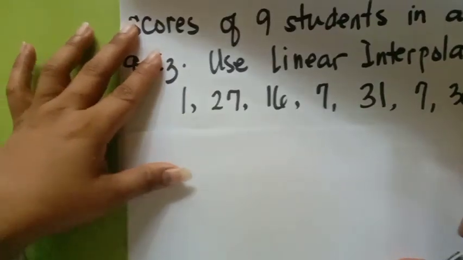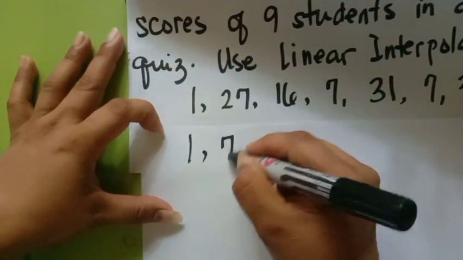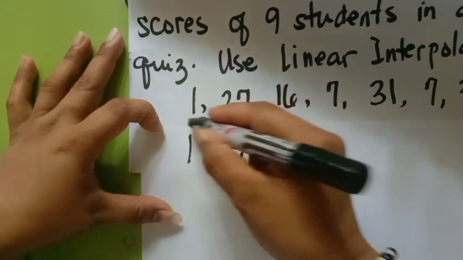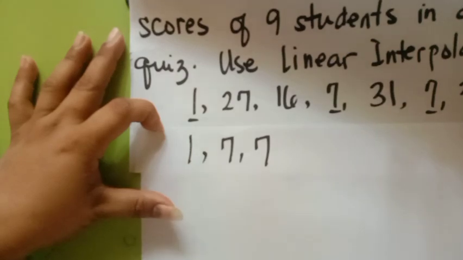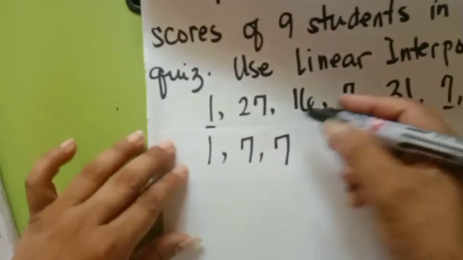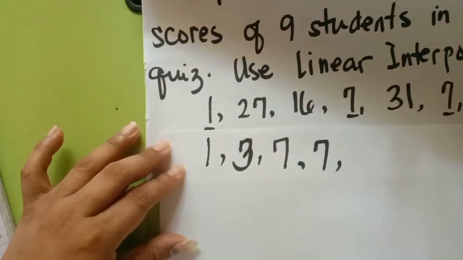So, we have 1. Anong kasunod? 7. Again, 7 ulit. Dalawa yung 7 natin. Meron pa palang 3. So, 1, 3, 7, 7.